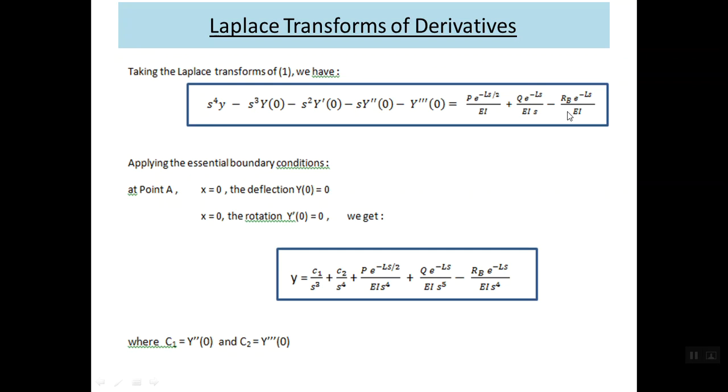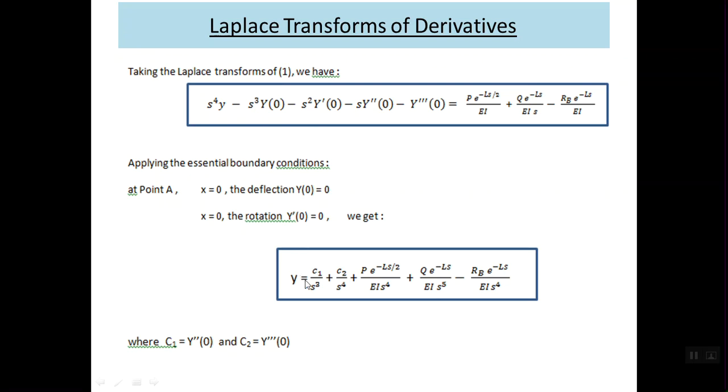We will always have four integral constants, C1, C2, C3, C4. Applying the essential boundary conditions at point A, the fixed support, where deflection and rotation should be 0, we can cancel out two of them.